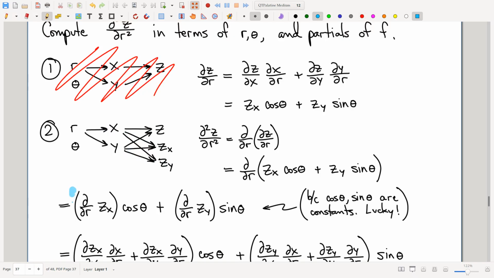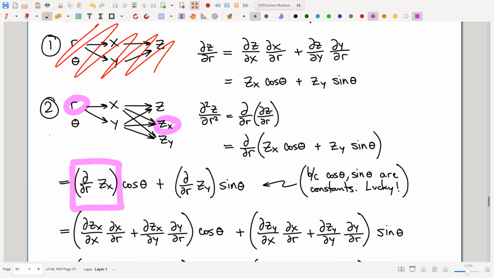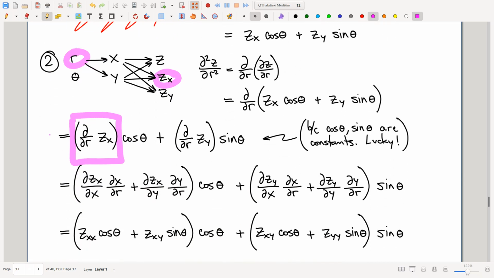You want to compute the partial of zx with respect to r. All right, well, there's zx, there's r. I've got two paths. Thank you, diagram. Got the x path, which gives me an x term.